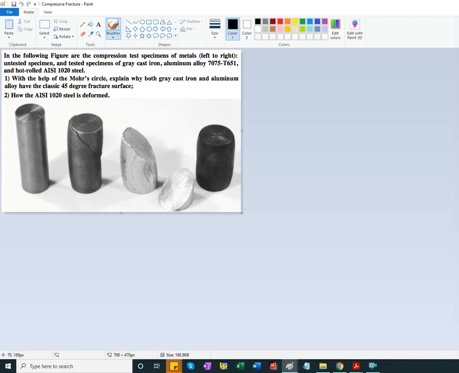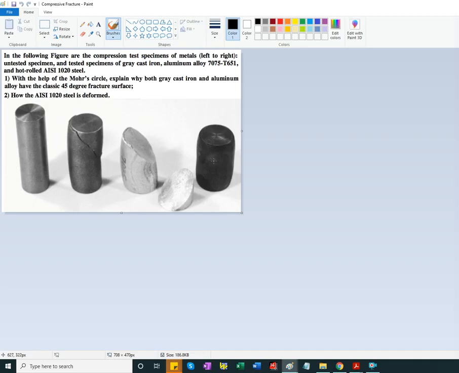So subject to compression, the ductile material is just going to barrel. Cross section increases, less where contact is made with the surfaces that are compressing it. Explicable, there's friction that impedes the increase of the diameter. But otherwise, the specimen stays in one piece. There's no fracture occurring.